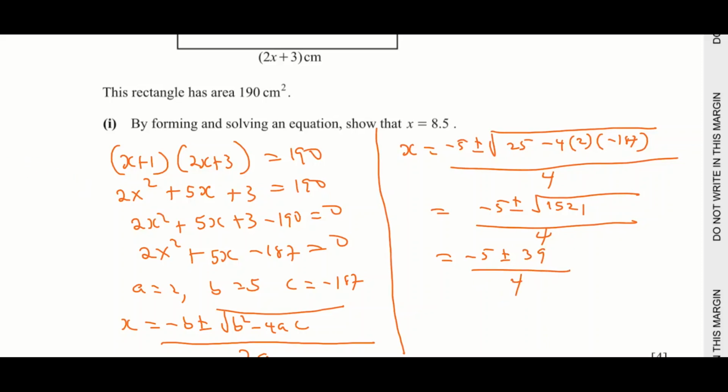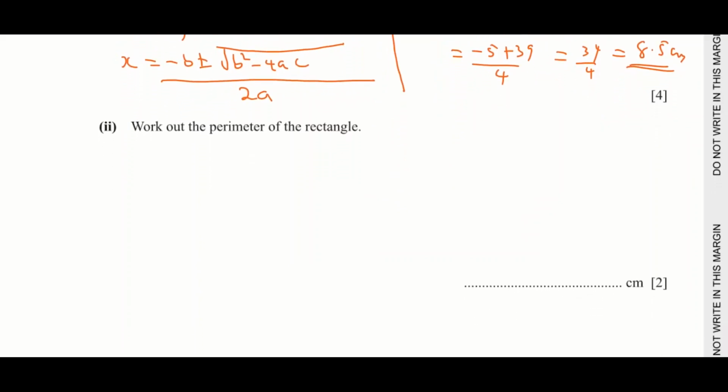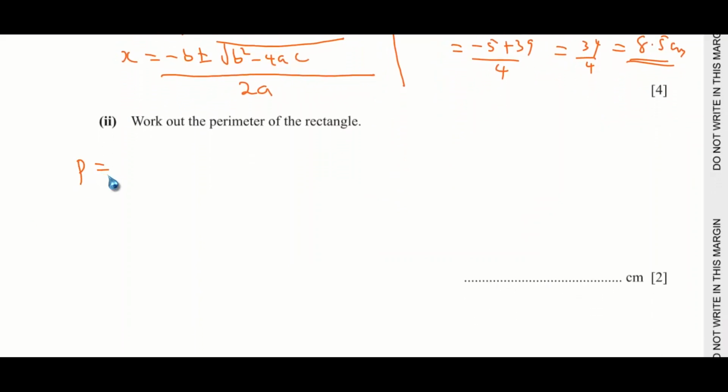Since x cannot be negative, we'll just take x to be equal to minus 5 plus 39 over 4, which is equal to 34 over 4, which is equal to 8.5 centimeters. This has been shown. So we're going to work out the perimeter of the rectangle. The perimeter will be equal to 2 into brackets, the sum of the two sides. It will be 2x plus 3, that is one side, plus x plus 1, that's the other side.